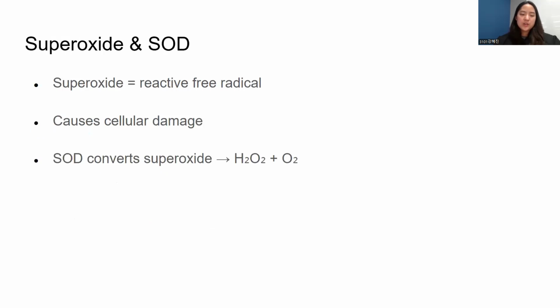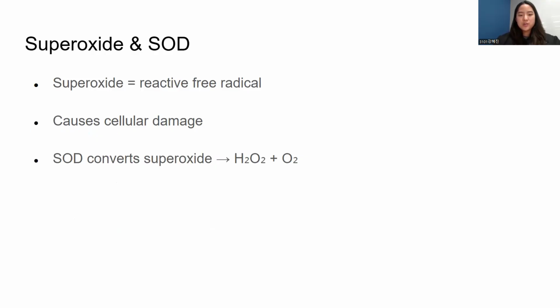Superoxide is also a very toxic species of oxygen, reactive as a free radical. Because it is very reactive, it causes cellular damage. SOD is an enzyme that converts this toxic superoxide into peroxide and oxygen.